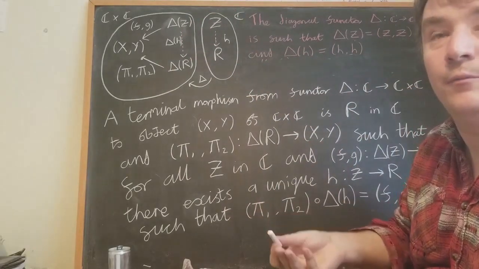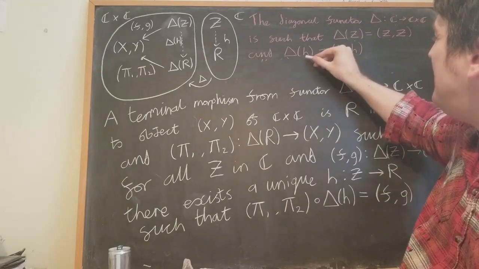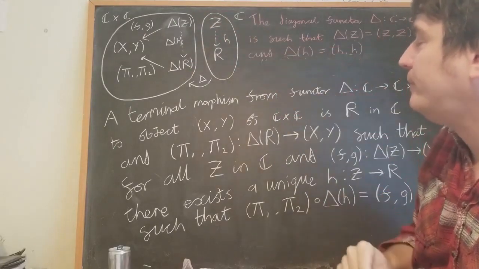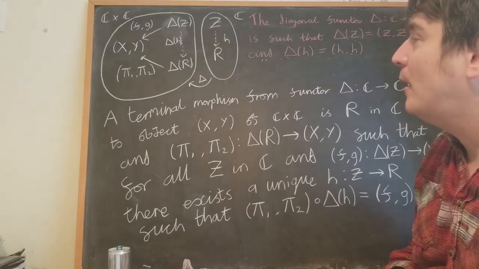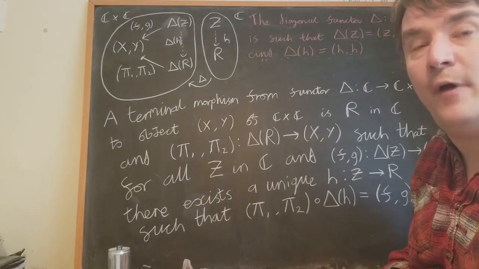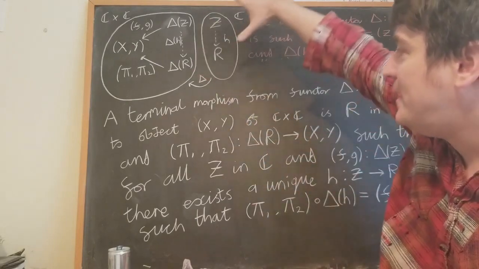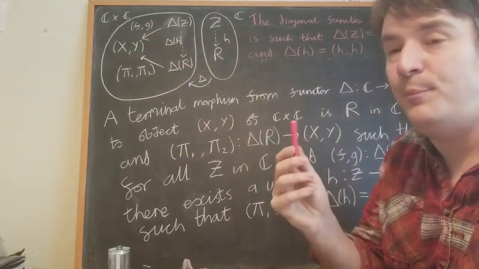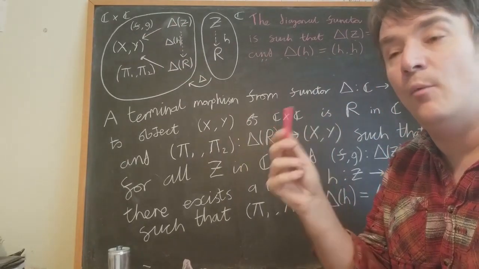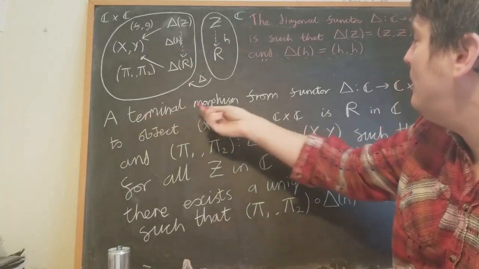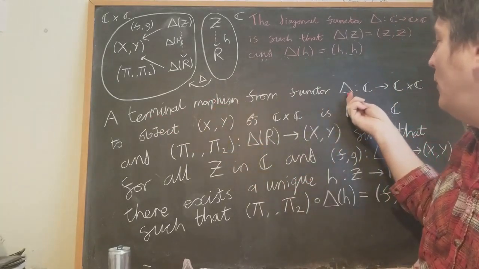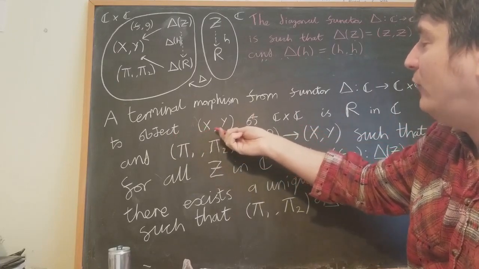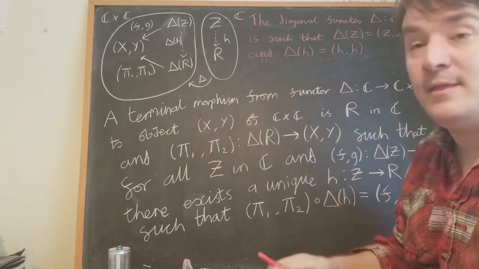And what's it do to arrows? Pretty much the same thing, okay? It sends an arrow H in C into an arrow H comma H in C times C. Okay then, so all we're going to do now, say we want to take the product of a pair of objects in C, X and Y. Well, that means that X comma Y must be an object in C times C. And all we're going to do is define a terminal morphism from this diagonal functor to this object X comma Y in C times C. And that's it.